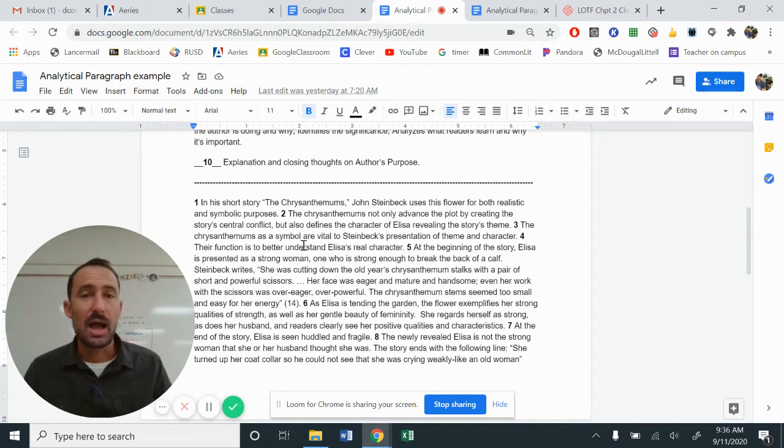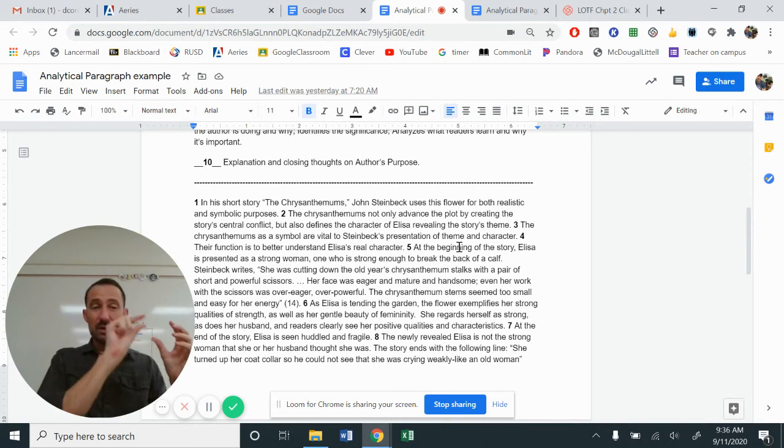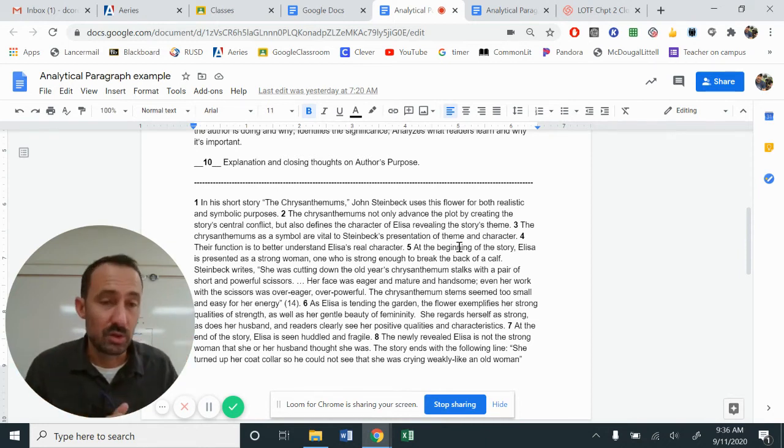Look at that. I have identified that not only do these flowers help move the story along towards the central conflict, but they also help define the character through the concept of theme. So my author is trying to relay, this is really what the character is, and this is how it relates to the bigger story. I'm going to use these flowers as symbolic gestures to communicate that.